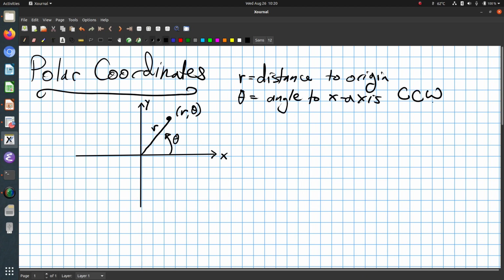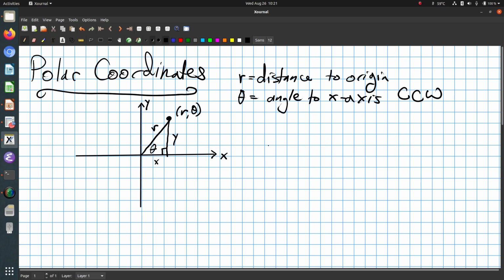Okay, now if you want to convert between polar coordinates and rectangular coordinates, all you need to do is realize that what we've got going on here is a right triangle. That right triangle has a hypotenuse of r, and the two legs are x and y for the x and y coordinates of this point.